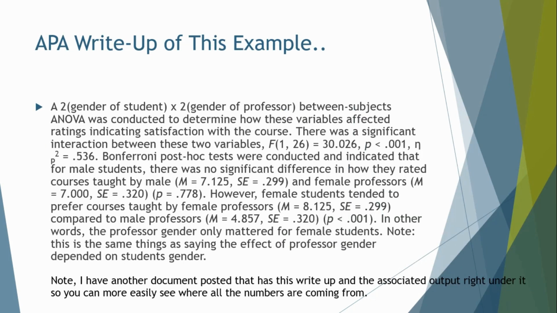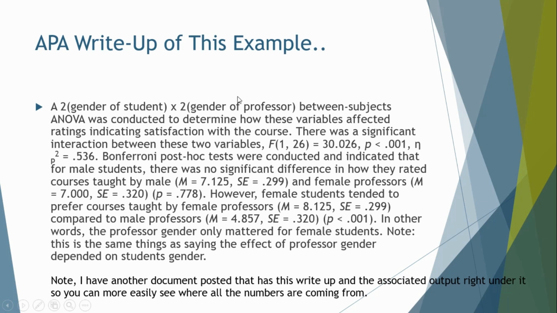So here is a write-up. It's in here so you can see it, but guys, I would suggest going to the actual APA write-up that I posted separately because it's easier to see where I'm pulling all the numbers. Here, I don't have enough space to put the output over here and highlight things. It would just be really, really small.